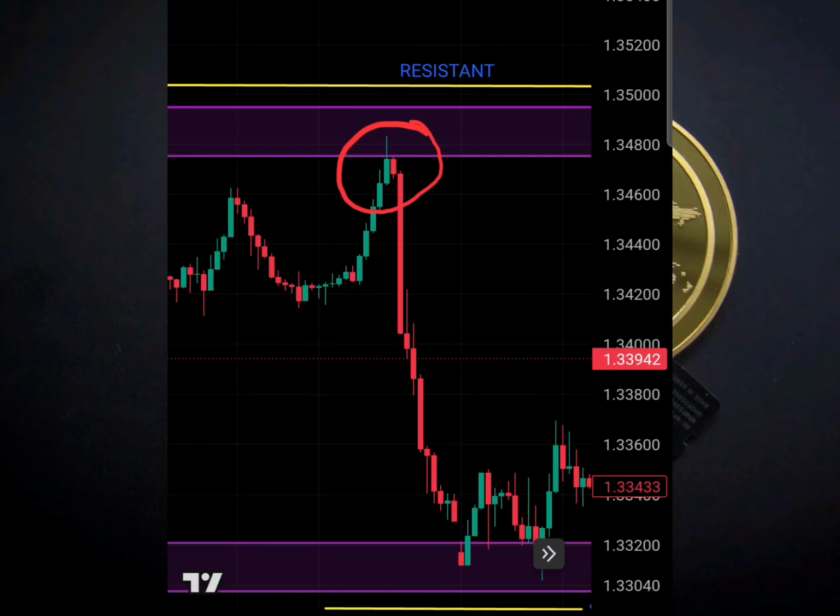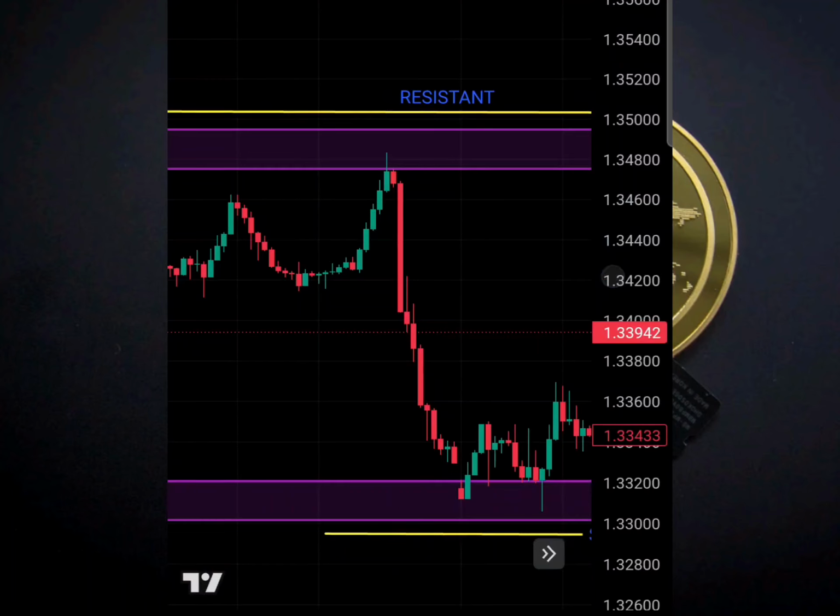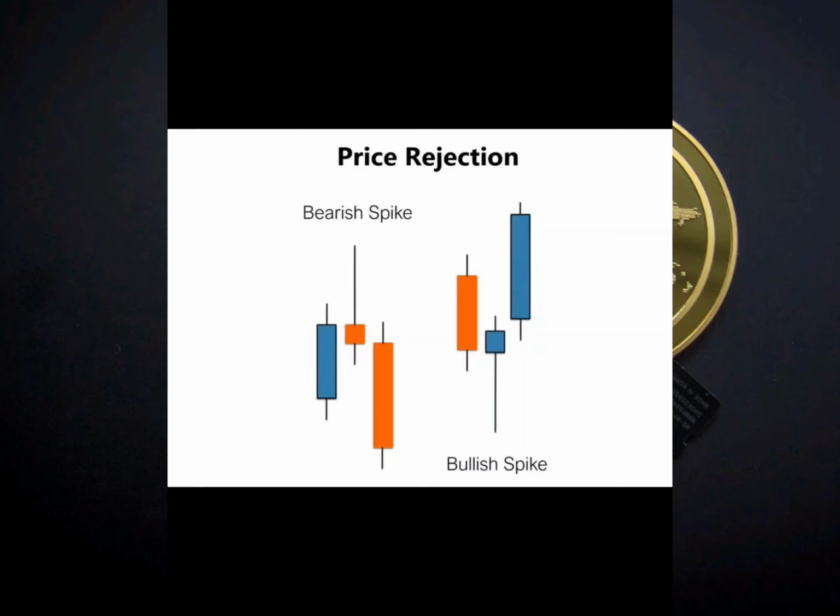Let me show you the candle in one of my pictures. We can call it a bearish spike or bearish rejection. This candle I just marked has a very long wick at the top and a small body at the bottom.